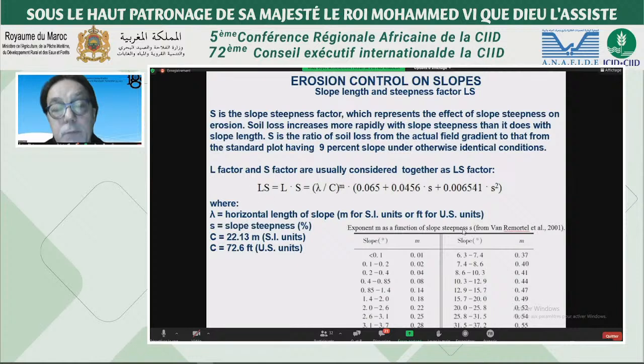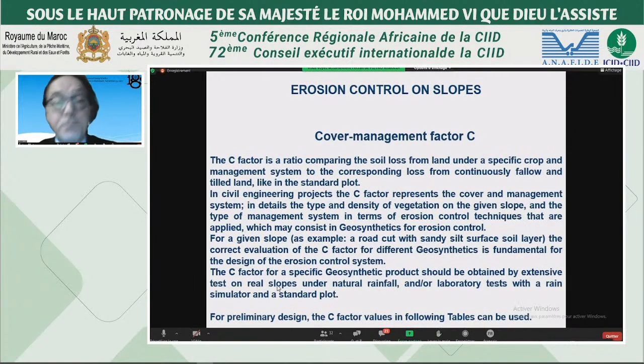Donc le facteur de pente, la longueur et l'inclinaison, peut être calculé de cette manière où LS égale lambda sur 22,13 à la puissance m, fois 0,006 plus, etc.